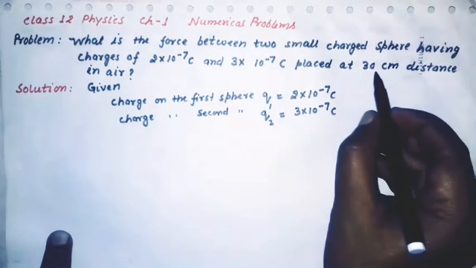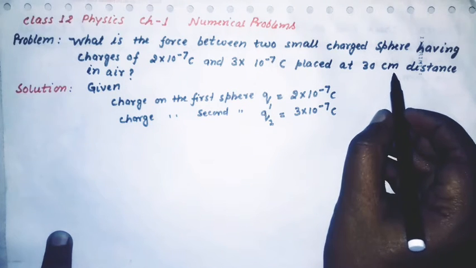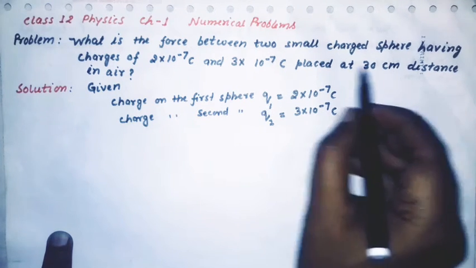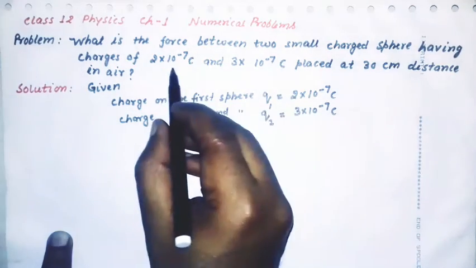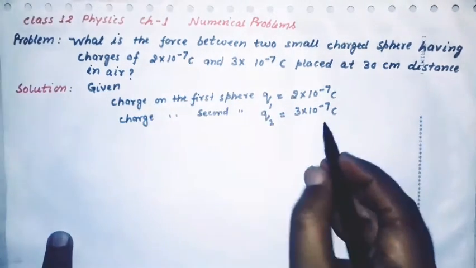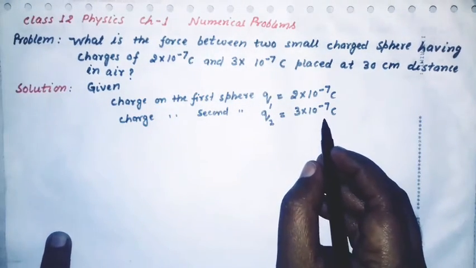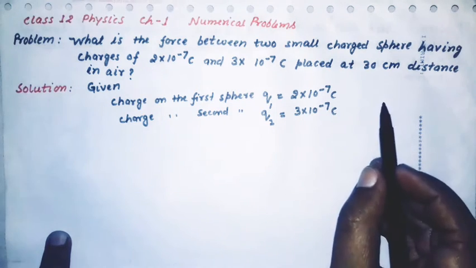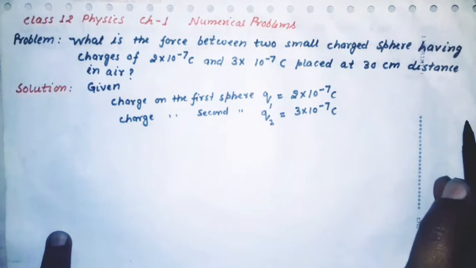And the distance is given. Actually this distance is given in centimeter, which is not the SI unit. Coulomb is an SI unit and this one is also in SI unit. So before solving any question we have to convert all the parameters into SI units.